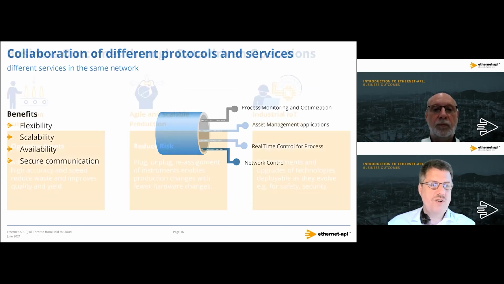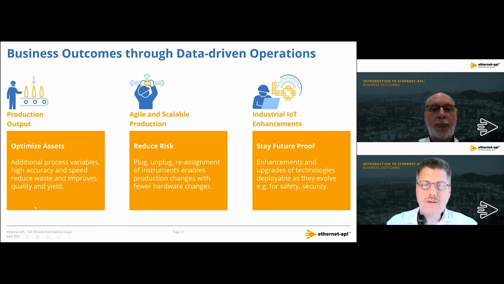So to summarize all this, one of the important aspects is that Ethernet, as opposed to our existing communications that are pretty much proprietary to the field of process plants, provides this type of parallel communication. It provides it on two wires. Now, having all of this will allow users to optimize their assets by accessing additional process variables or gaining higher accuracy through a digital transmission.